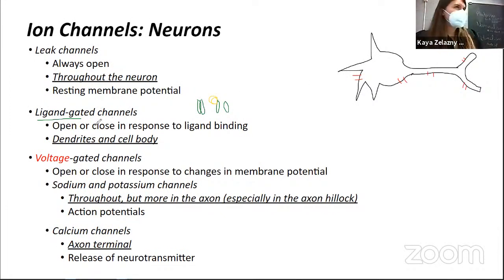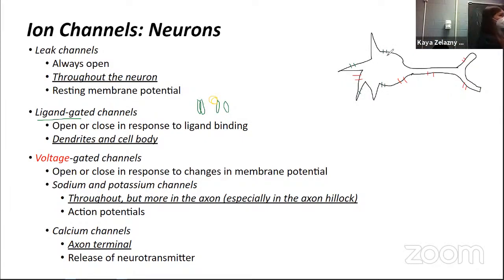This is really how we're receiving stimuli, how we're receiving signals. So we're going to see them in the parts of the neuron whose job it is to receive signals and add together these graded potentials. So we're going to see our ligand-gated channels in our dendrites, and some on the body of the cell, the soma.